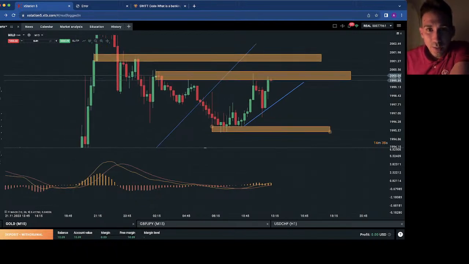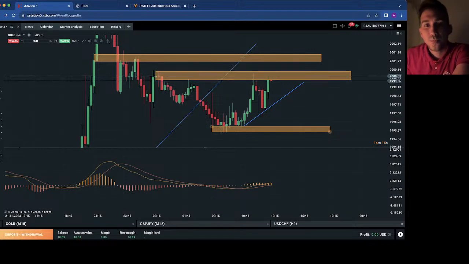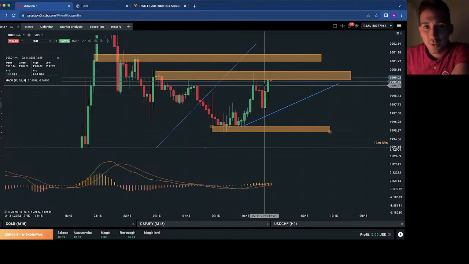So why I'm not taking the short here is because this trend line here is acting as a support, it's not giving me so much of a trade.